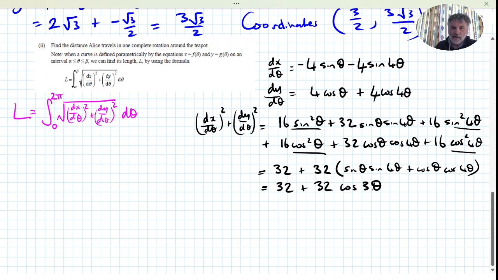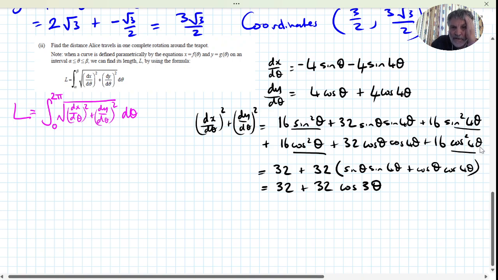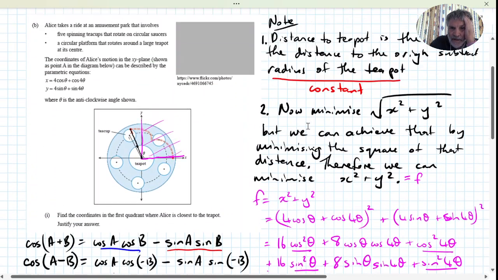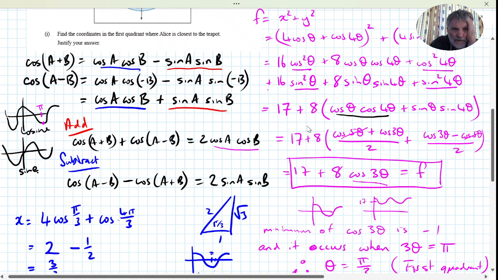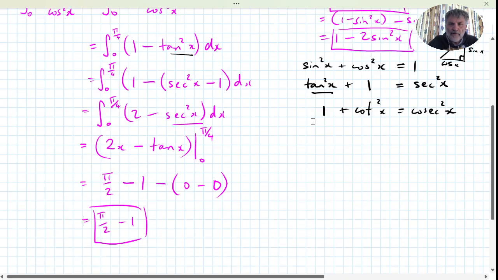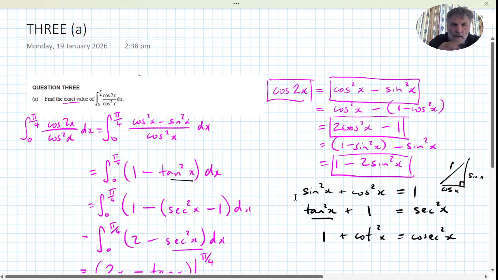But there is a little trick that we can do, using the same identity from the previous question: the cosine of 2x. So you can change a cosine of a double angle into something that involves cosines squared, or cosines minus 1.